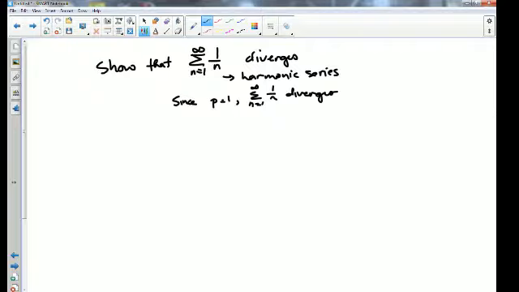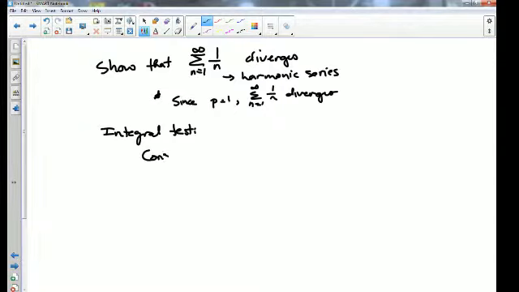I switch them because the P-series is just easier to do. So how would we show this is true with the integral test? Again, my hope here is that you would just use this as a P-series. But here's how to get to that point.